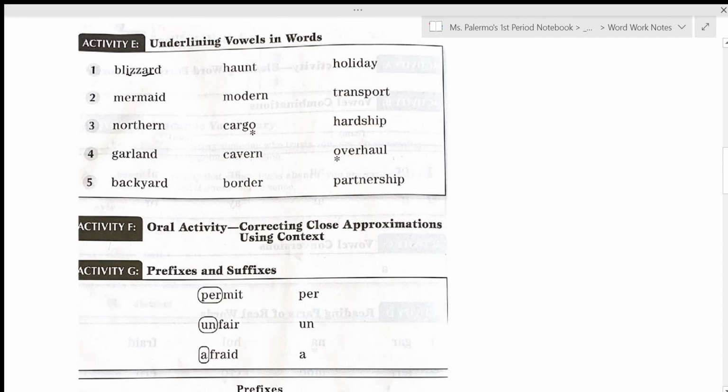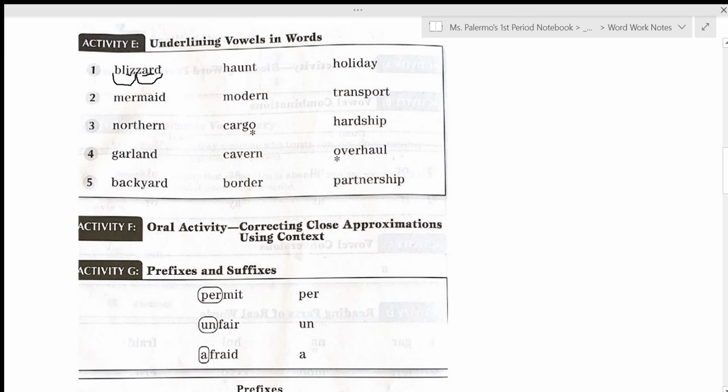Now, I believe, guys, that this is correct, that we separate the Z's, but I'm not 100% sure, so I will find out from you tonight or tomorrow, and I will let you guys know. First word part, blizz. Second word part, zard.